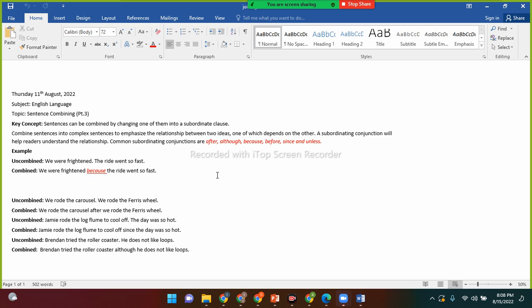So now we're going to continue on our journey of combining sentences. Anyone can remember why we said that it's important to combine sentences in the first place?